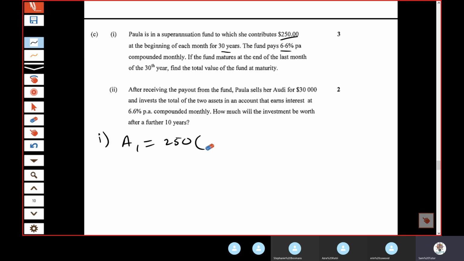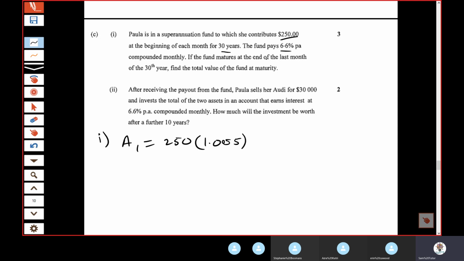On the dot, 1.055? 6.6% divided by 12, so yeah, there should be 1.055. 0, 0, 5, 5. Done.